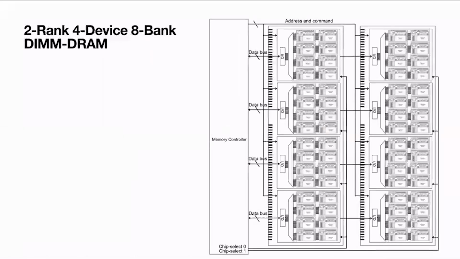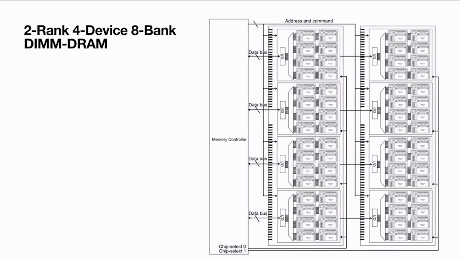My DIMM has 2 ranks. One side I have one rank, the other side I have another rank. Within a rank you can see there are 4 devices, and within a device you have 8 sub-banks. In other words, my bank is now distributed across 4 devices. 1/4 of the bank is in one device, another 1/4 is in the second device, the third 1/4 is in the third device, and the last one is in the 4th device.